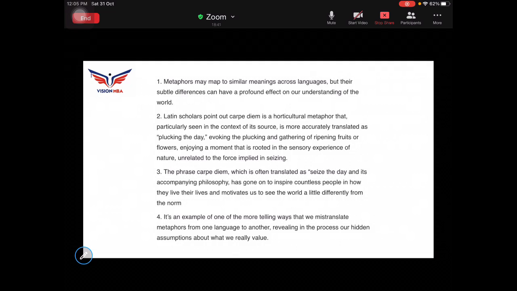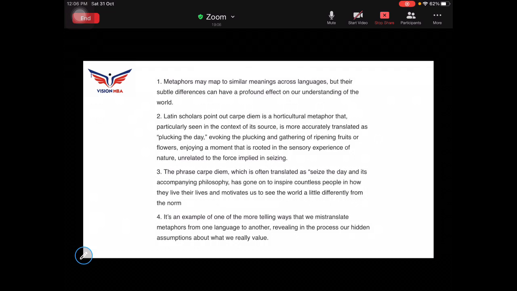Latin scholars point out Carpe Diem is a horticultural metaphor that, particularly seen in the context of its source, is more accurately translated as plucking the day, evoking the plucking and gathering of ripening fruits or flowers, enjoying a moment that is rooted in the sensory experience of nature, unrelated to the force implied in seizing.